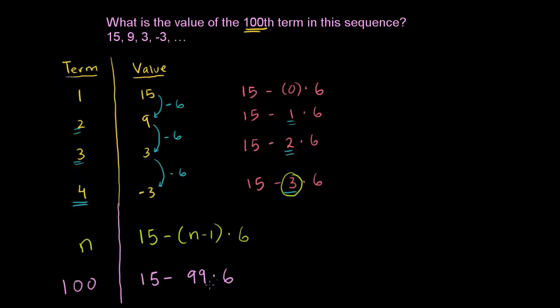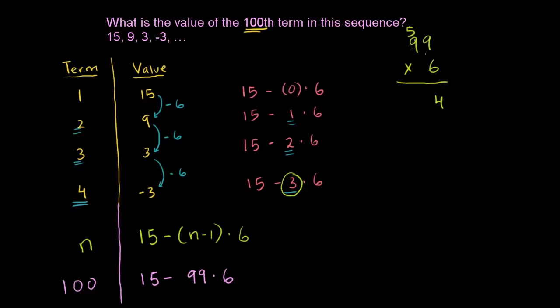So let's calculate this. What's 99 times 6? You could do this in your head. That's 6 less than 100 times 6, which is 600, and 6 less is 594. But if you didn't want to do it that way, you do it the old-fashioned way. 6 times 9 is 54.